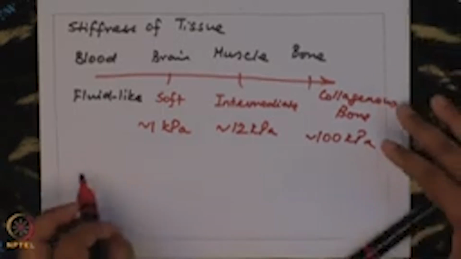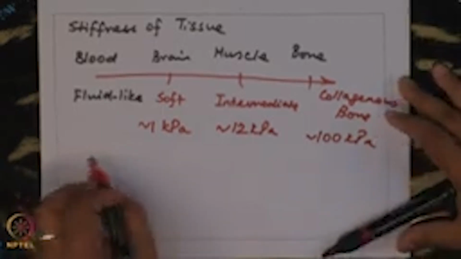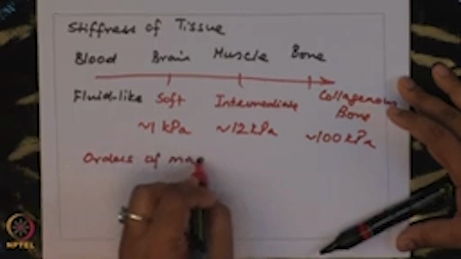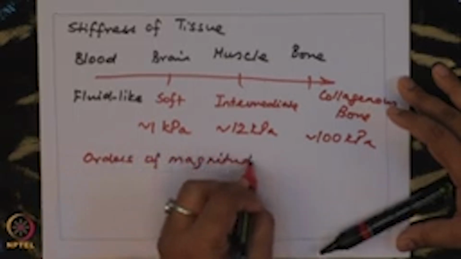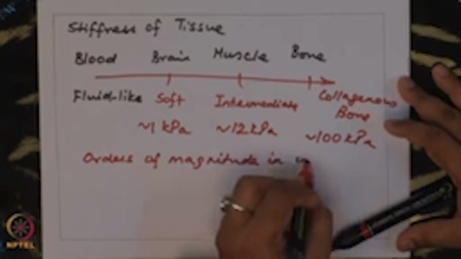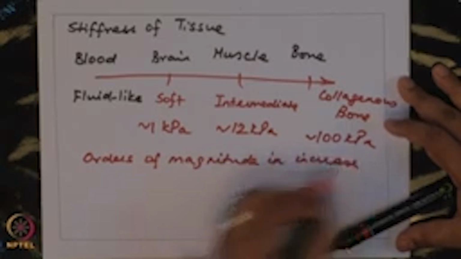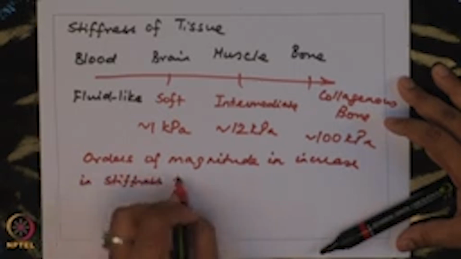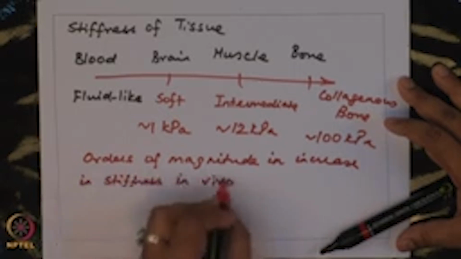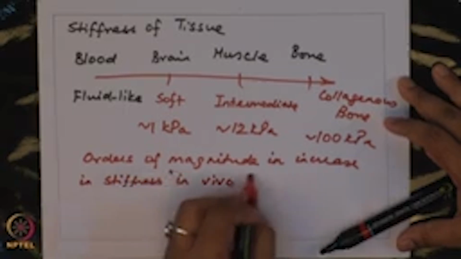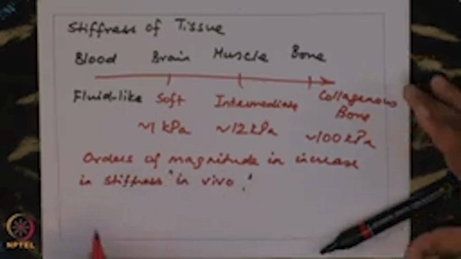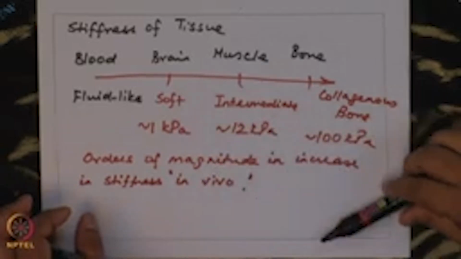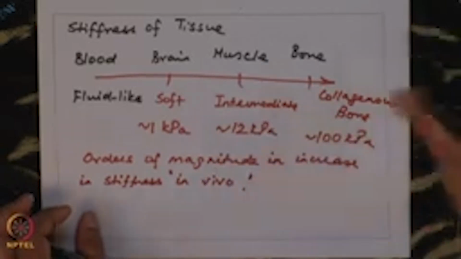So, you see there is a natural increase, orders of magnitude increase in stiffness in vivo. So, adult stem cells exist in all these tissues. Is it possible that these stem cells are influenced by this property of stiffness?